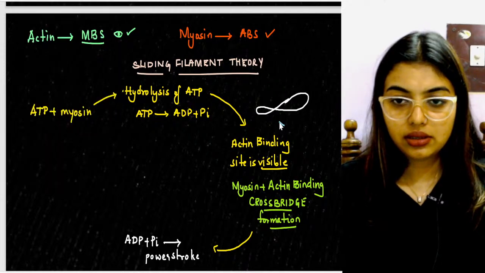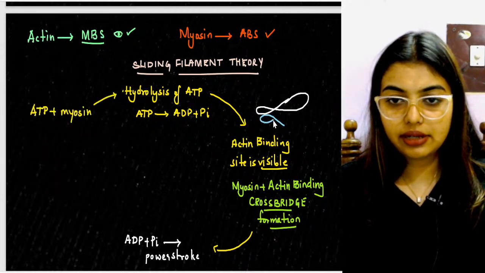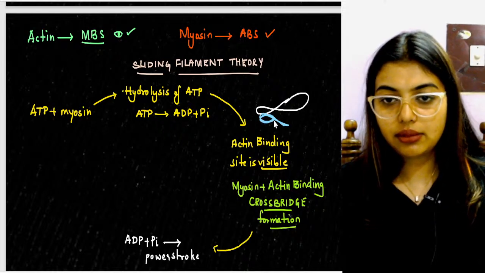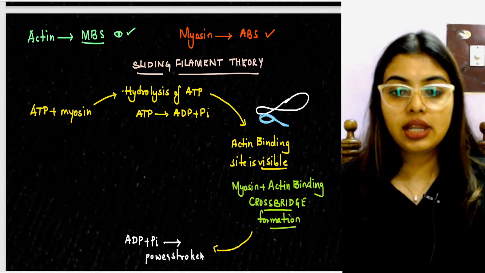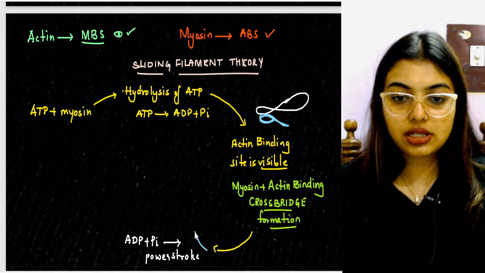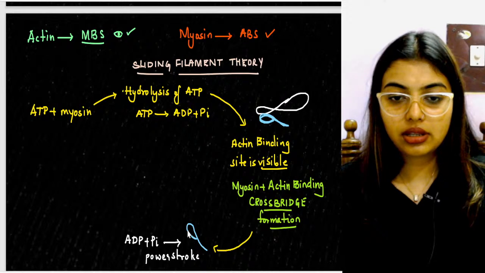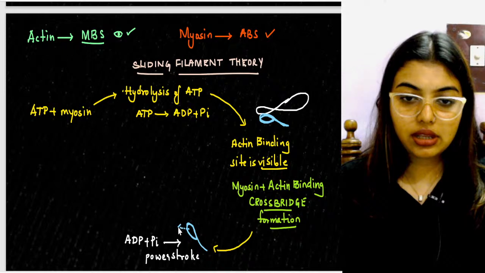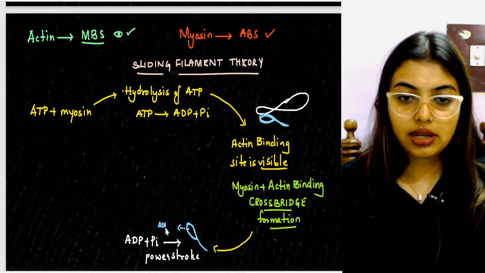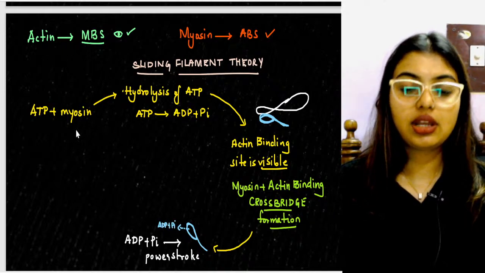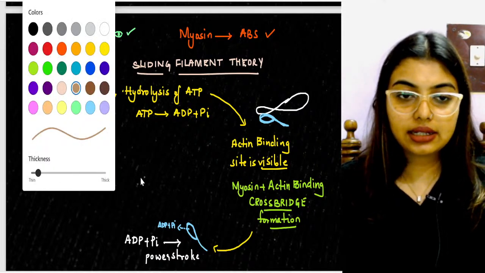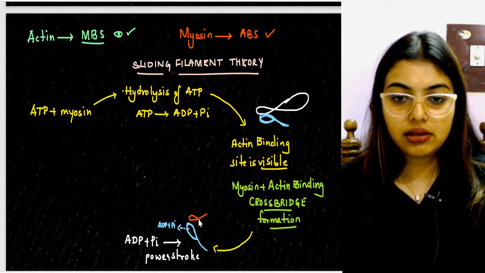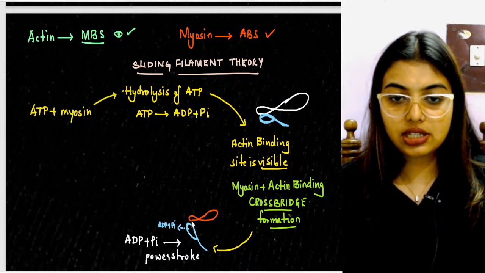Actin and myosin would have bound, and this will lead to the power stroke. Your myosin will move the head, and because of that power stroke, ADP plus Pi will go out. This will cause the actin to have a space. Can you see there's a space?